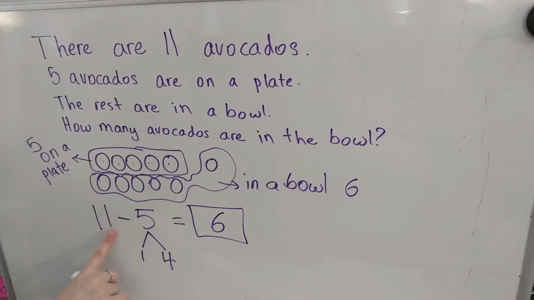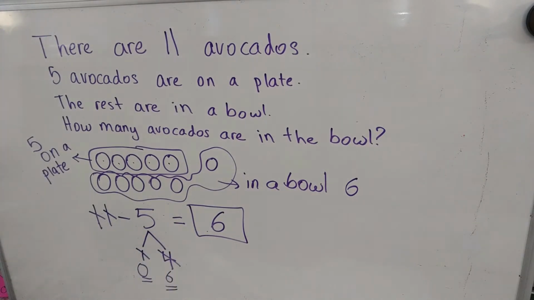This method, we always take away from the ones place first. So now we can say 1 minus 1 is 0. 10 minus 4 is 6. And if we add those leftovers, again, we have the number 6. So we used 2 different methods, came up with the same answer.